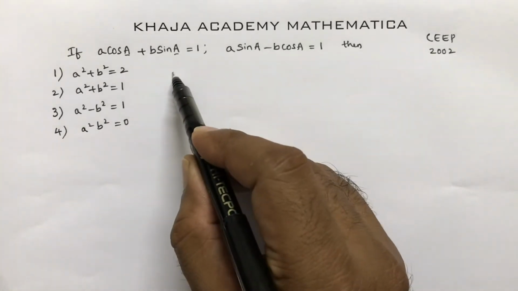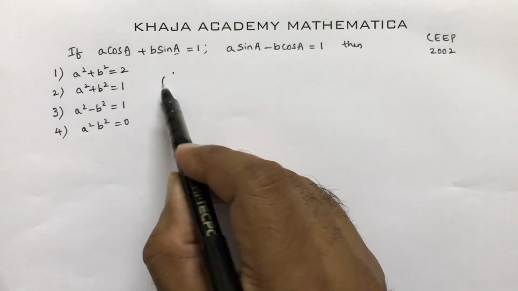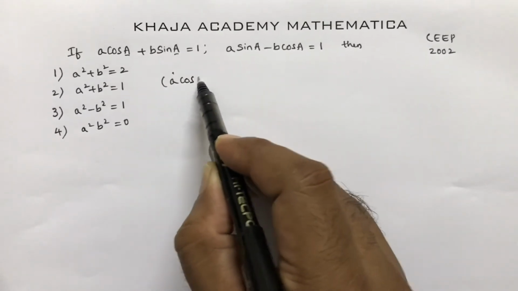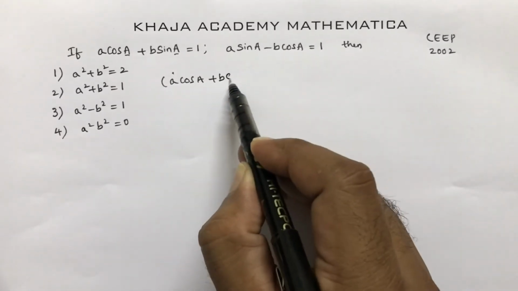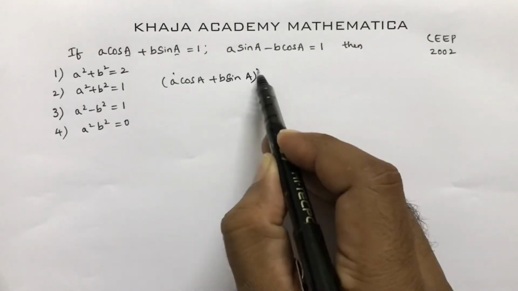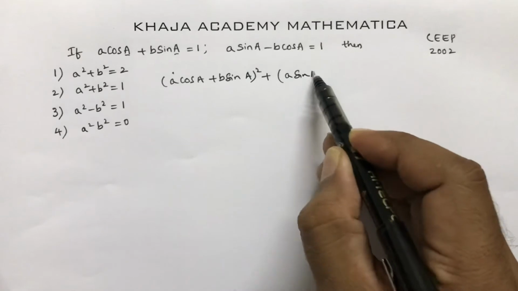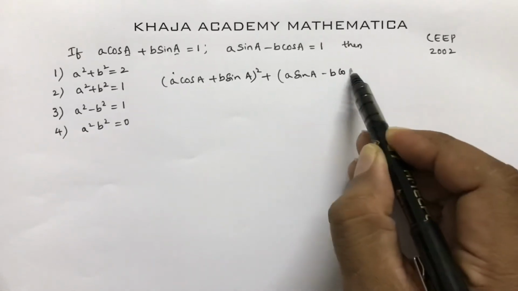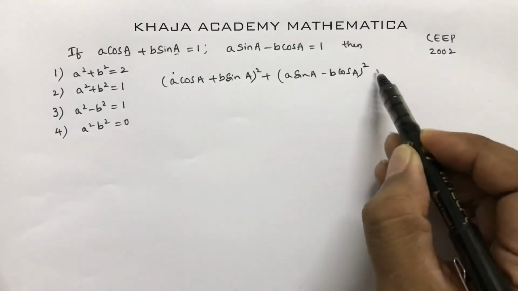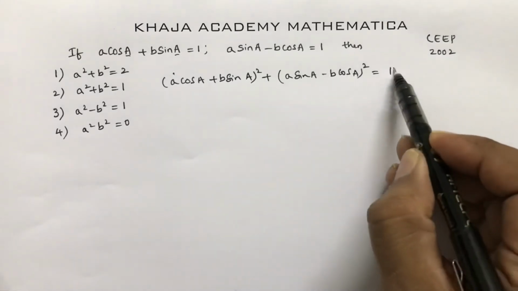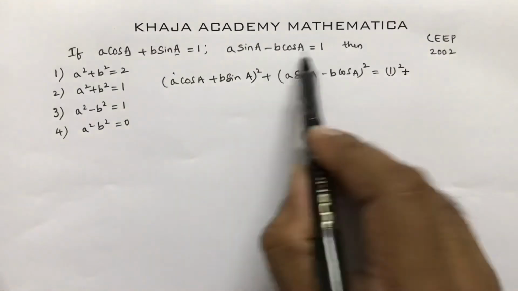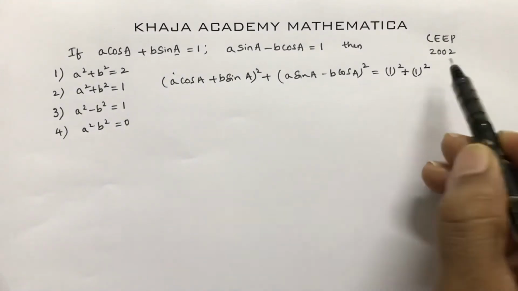So a cos a plus b sin a whole square plus a sin a minus b cos a whole square equals 1 square plus 1 square.